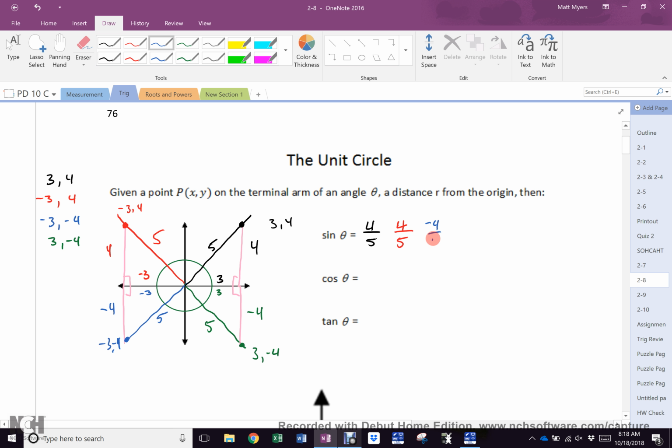Negative 4 over 5. And what is the sine of the green reference angle? Excellent. What is the cosine of the black reference angle? What is the cosine of the red reference angle? What is the cosine of the blue reference angle? And what is the cosine of the green reference angle?